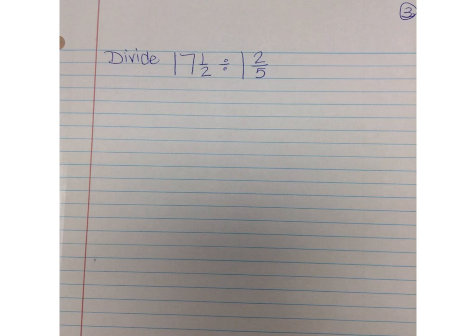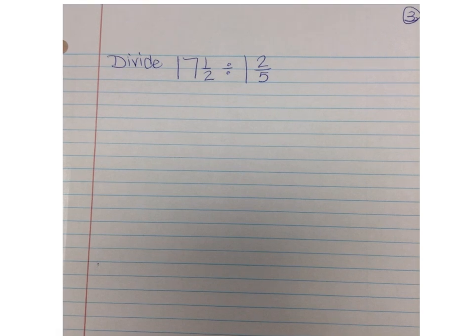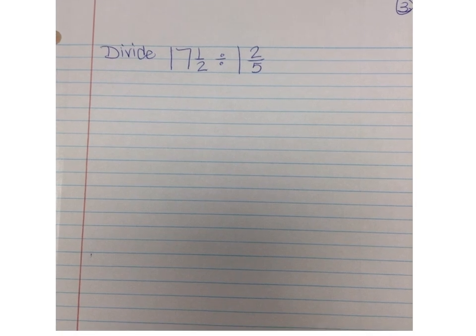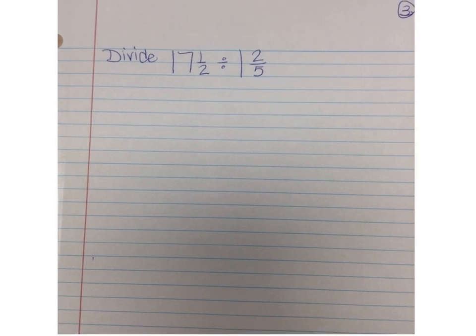Okay, for box 3, we are going to be dividing mixed numbers, which is very similar to improper fractions or just fractions, but we need to change these into improper fractions first. So 7 and a half becomes 35 over 2.